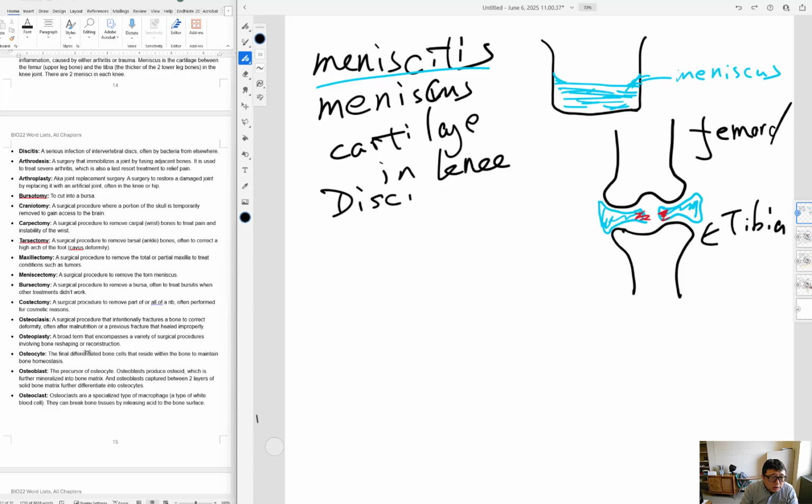So discitis means the inflammation of the disc, or intervertebral disc. What is the disc?